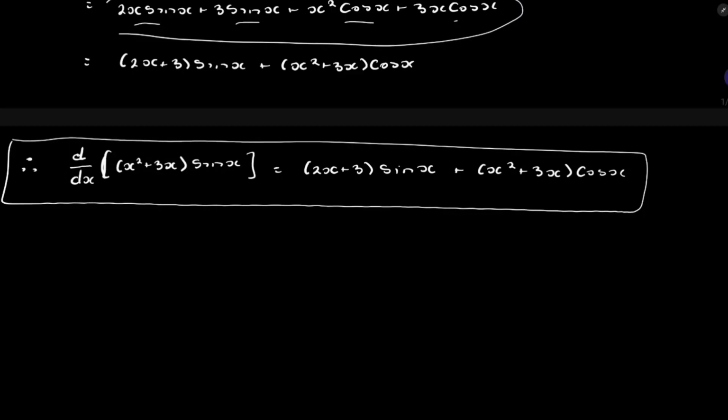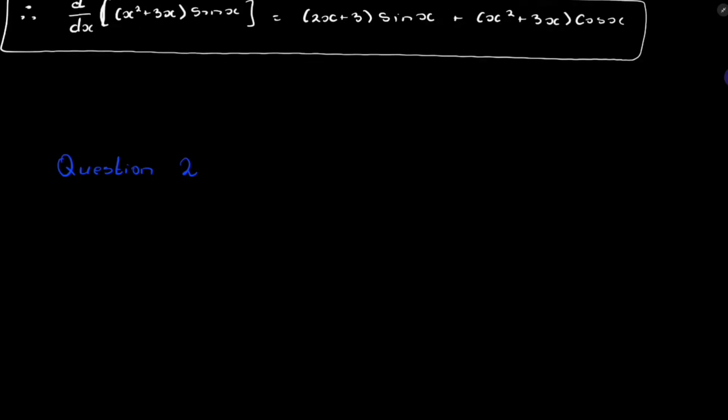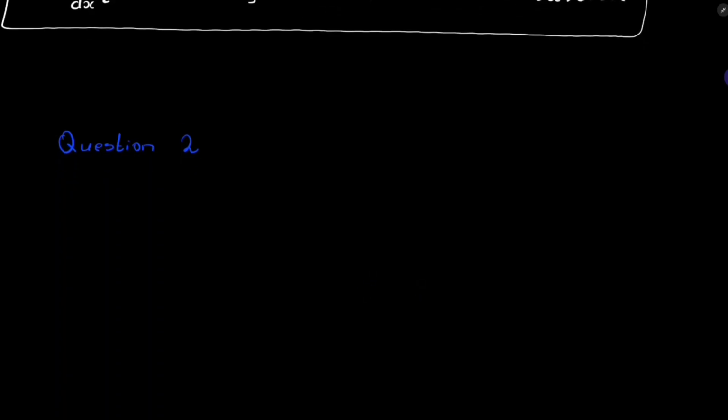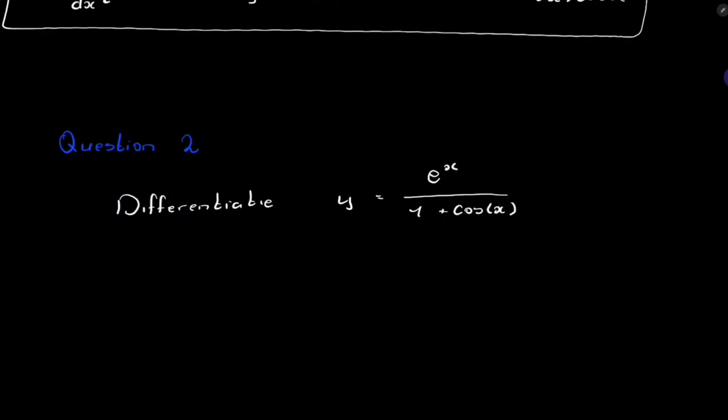So let's move on to our second question. What does our second question say? Differentiate the function y equal to e to the x on 1 plus cos of x.